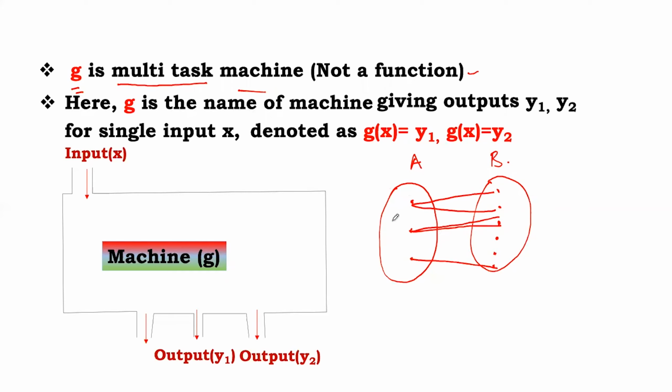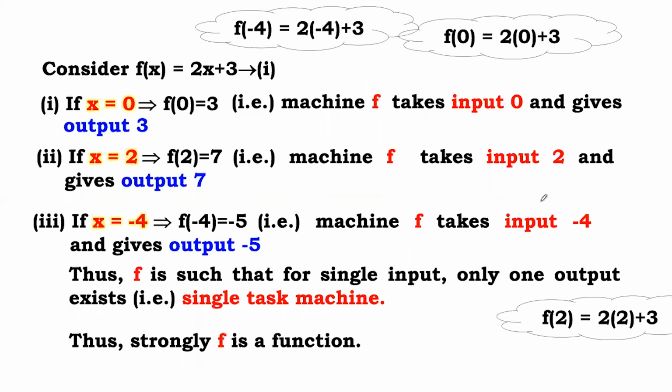This is a multitasking machine, and this multitasking machine is known as a relation, which is not a function, right? Not a function. So if we assign some f(x), we can write this as y equals f(x). Let f(x) be 2x plus 3, right?